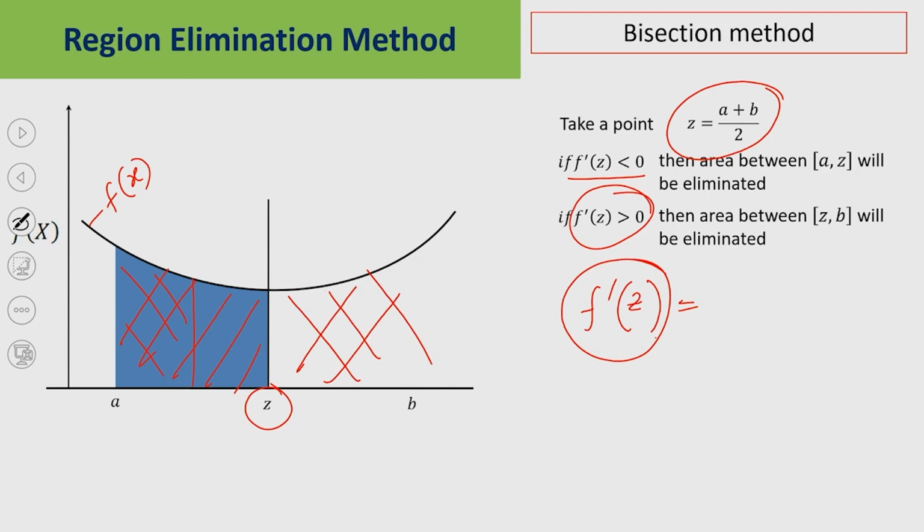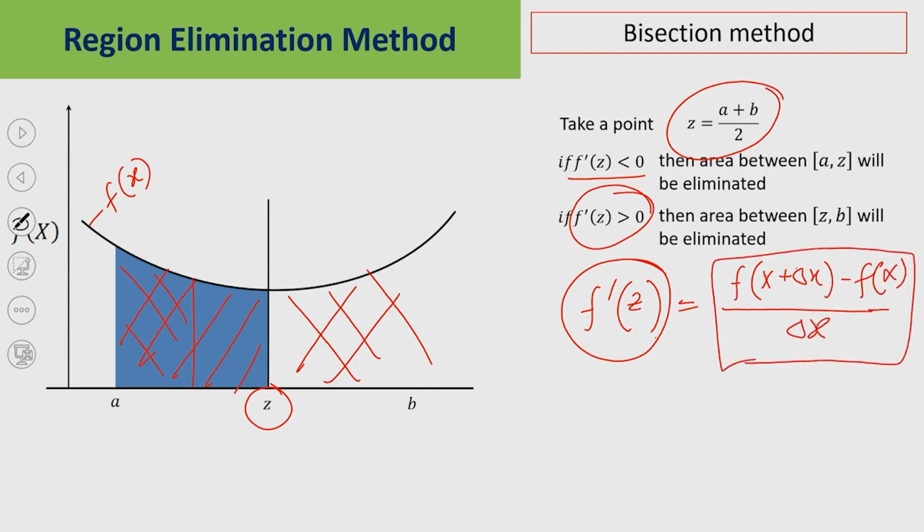Now, the question is how to calculate this derivative. Suppose I calculate it numerically at this particular point. What I can do is find f(x plus delta x) minus f(x), divided by delta x, if I calculate the derivative numerically.